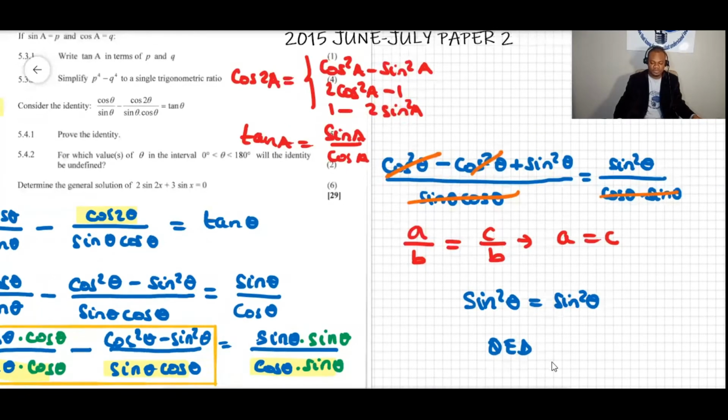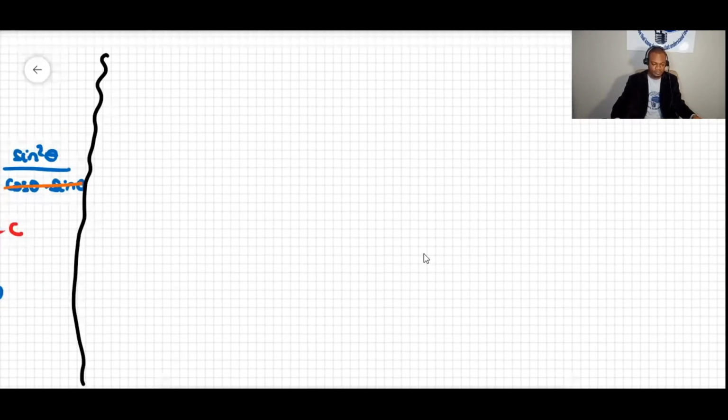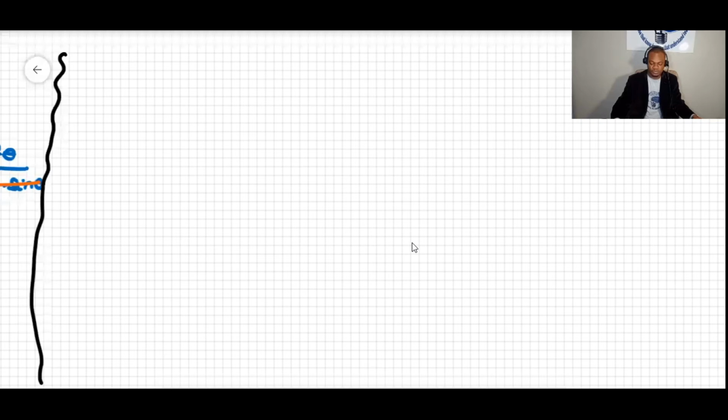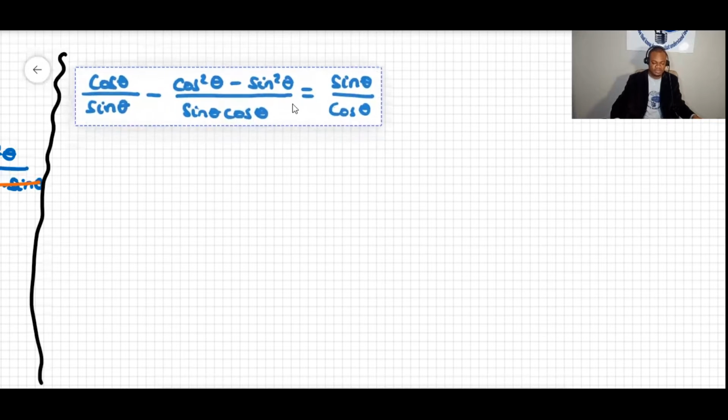Okay, let's move. Put it like this. And then from here, I am going to move it a little bit. So now over here, I'm going to paste the same identity where we had this.